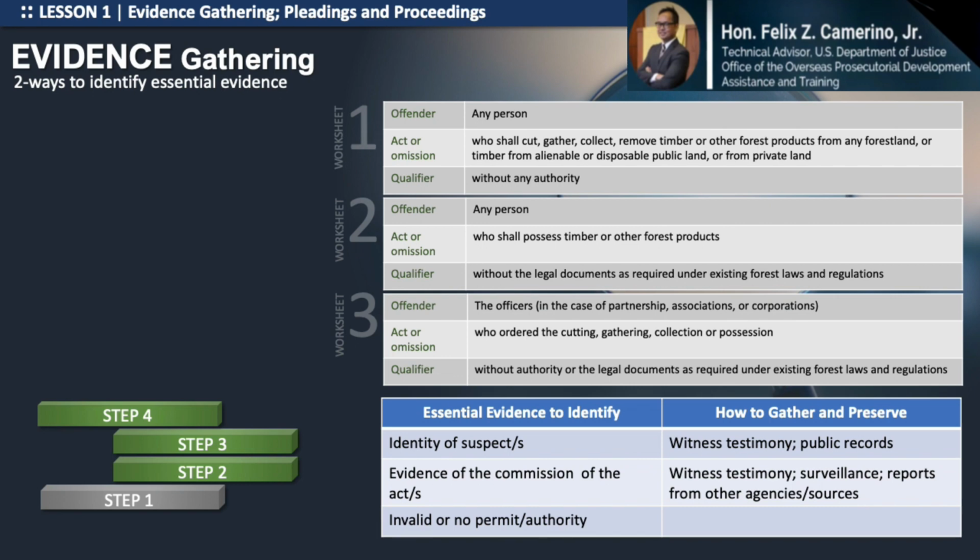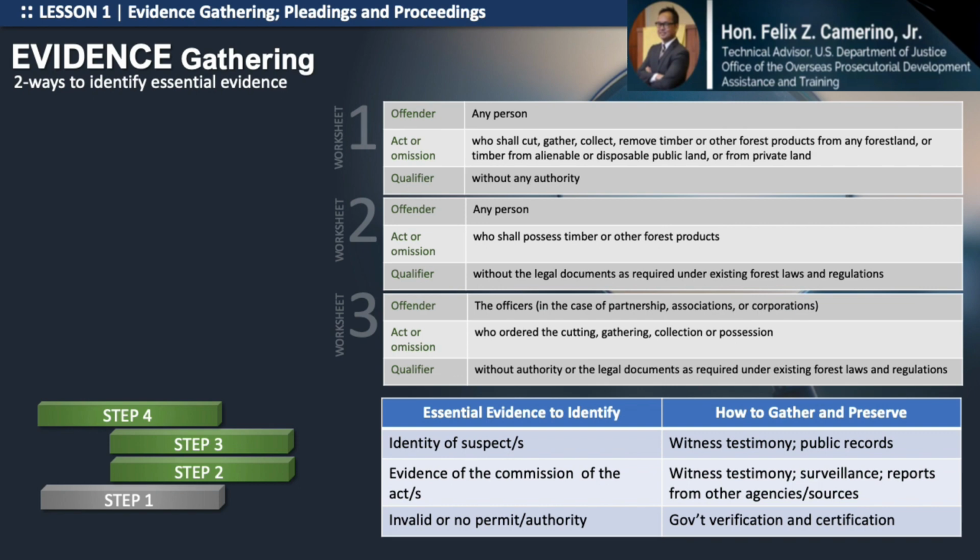So at least you can compare: if their license is for something but they're active for something else, then clearly that would still be a violation. So again, DENR could provide the specific details that you need to help you determine if that essential evidence is of value.